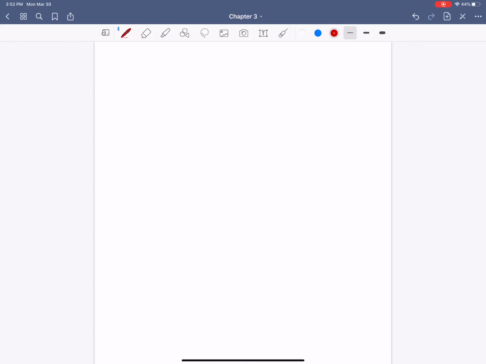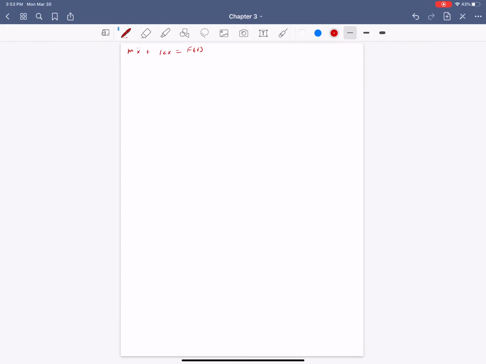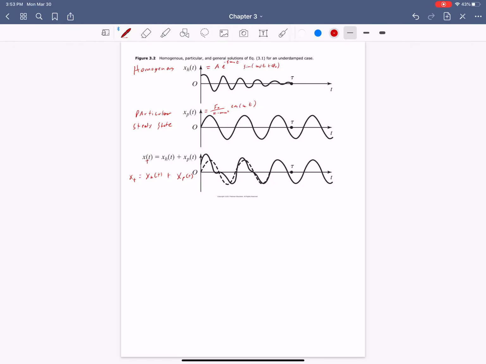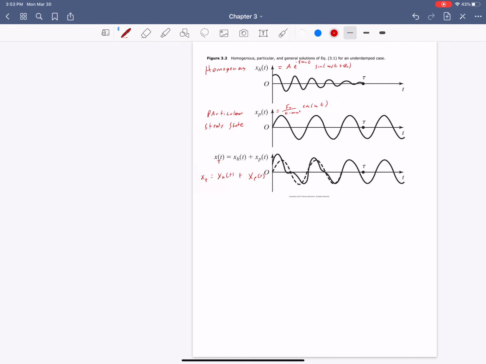Let's focus first on the particular solution, or let's draw out a whole system. I'm going to do the derivation that the book doesn't do a particularly detailed job of. So we have m x double dot plus k x is equal to f of t. Sorry, I forgot to mention, I lied to you, I apologize.